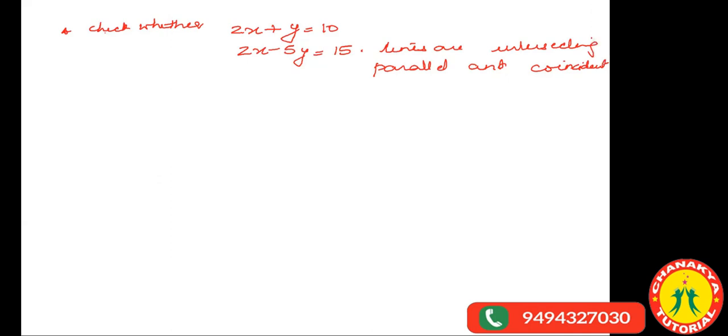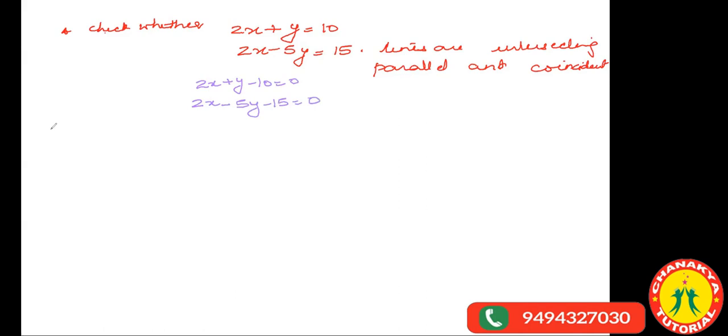See, children, in this question, first of all, you have to write both the equations in standard form. So 2x plus y minus 10 is equal to 0. Then the second equation will be 2x minus 5y minus 15 is equal to 0. Children, unmute yourself and tell me the steps.